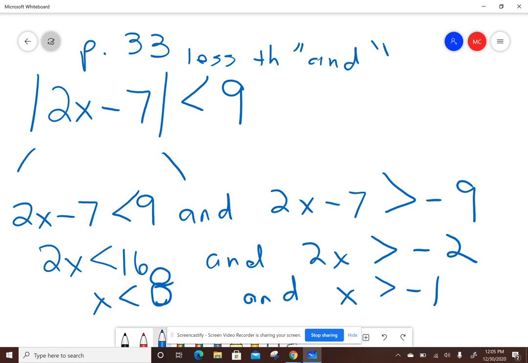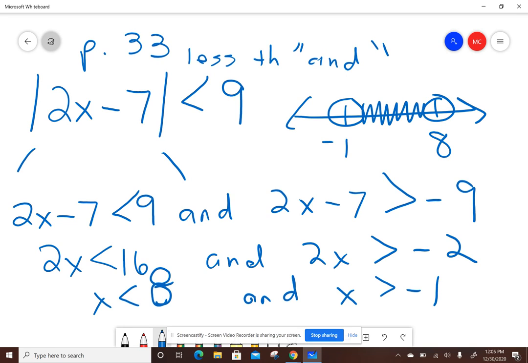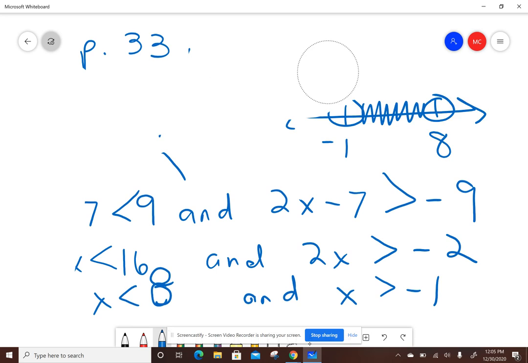So it's greater than negative 1, but less than 8, and it's a classic "and" looking inequality. Okay? So now let's try example 3 on page 33.